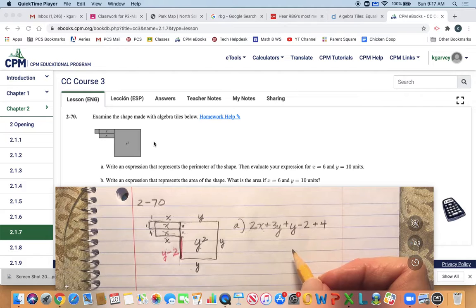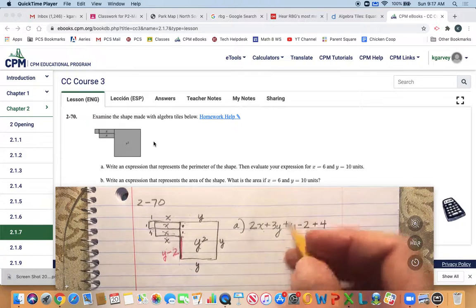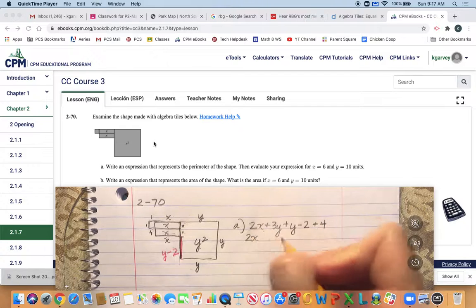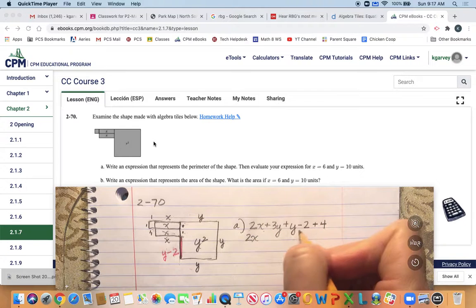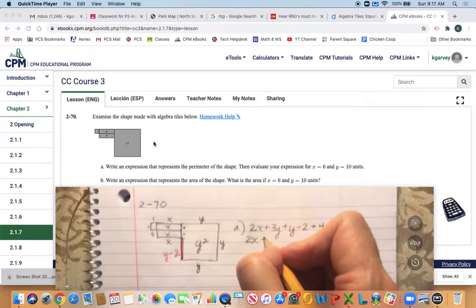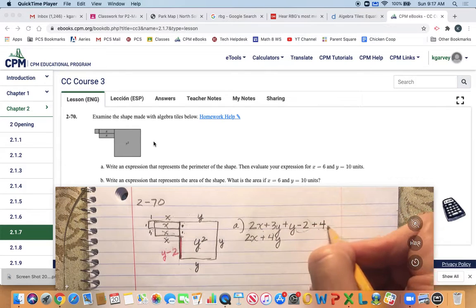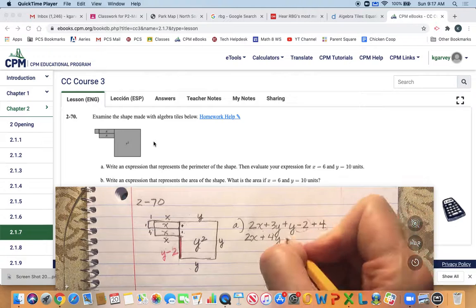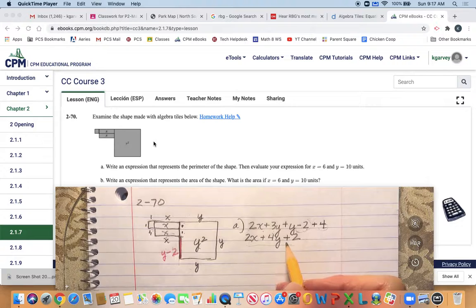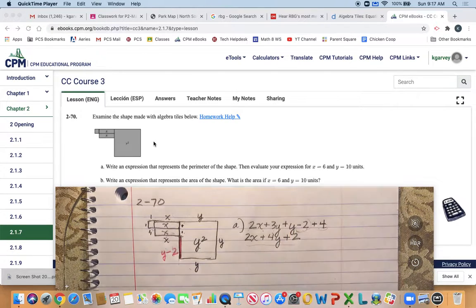All right, so now that I have the expression, I'm going to see if I can combine any like terms. So 2x is still the same. But I've got y's, so I'm going to make that a 4y. And then I've got a -2 and a 4, and I'm going to add those 2 together and just have a 2.